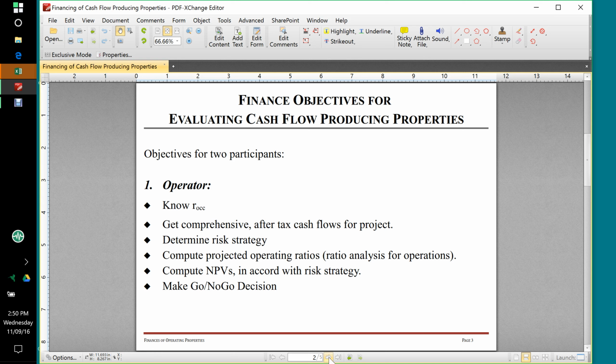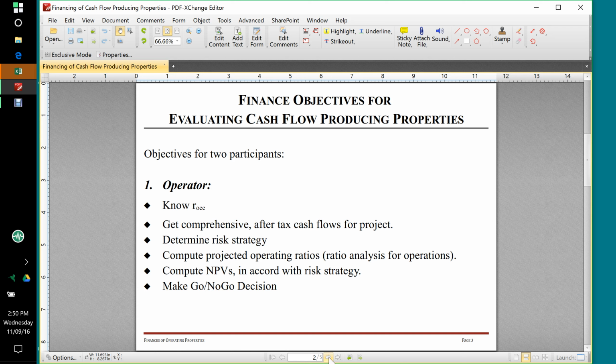First and foremost, the operator or equity or sponsor. And the objectives for this player are, first of all, you've got to know your opportunity cost of capital. That's number one. Number two is, as always, same as in development, we need to be able to get for that player their comprehensive after-tax cash flows for this project.